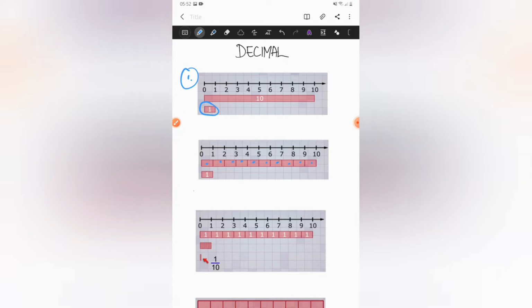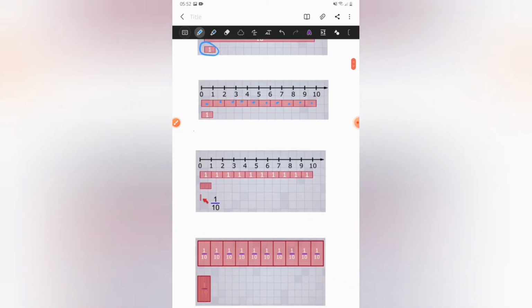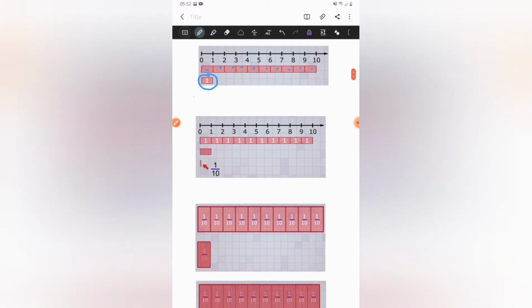And after that, now we're going to learn about the one block. With the one block, actually we can separate this block into smaller pieces, which is 10 pieces. That's why now we can say that smaller pieces represent 1/10, because to make one block you need 10 of the 1/10.